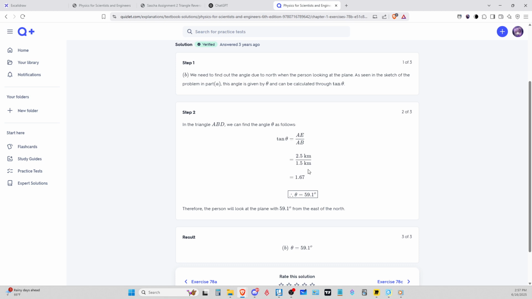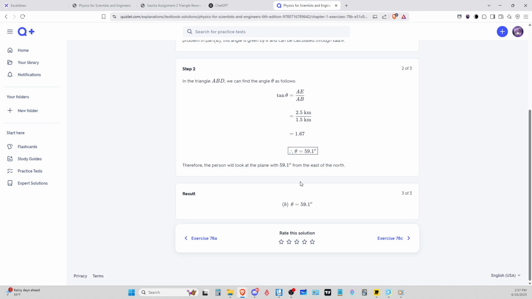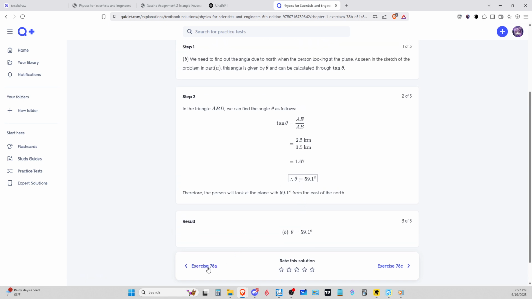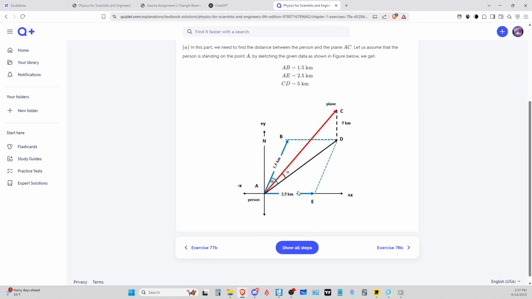Oh, okay, so it's theta here. So that means we have to go the opposite direction. That's probably why. Yeah, because theta's right here. So that means we have to be on here and then measure that. Okay, that's probably why.